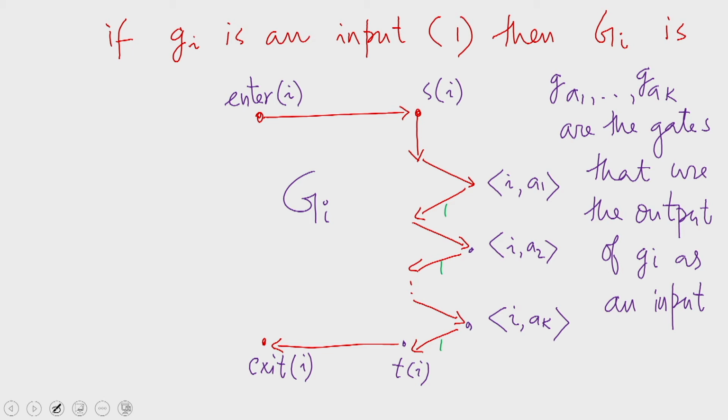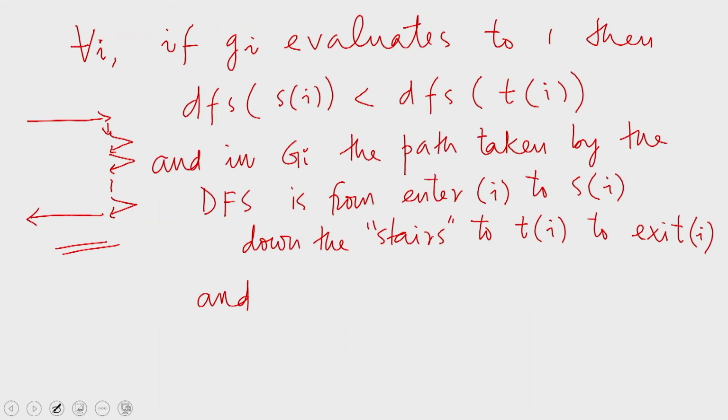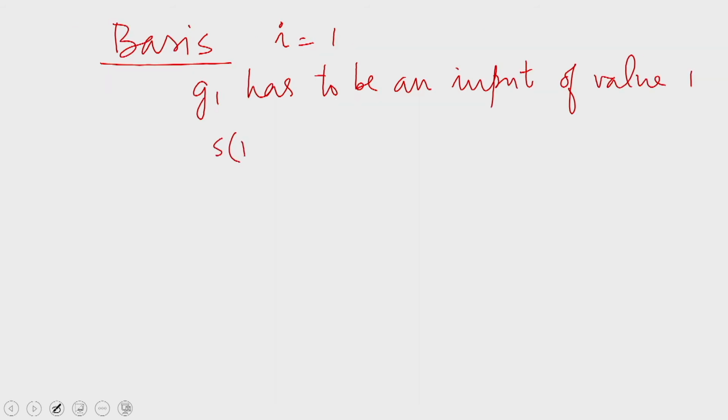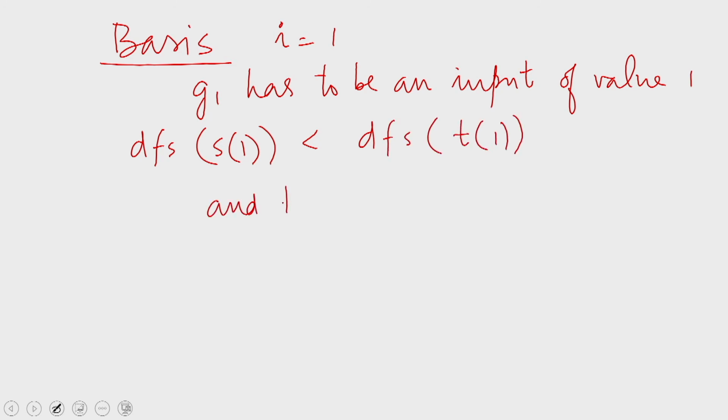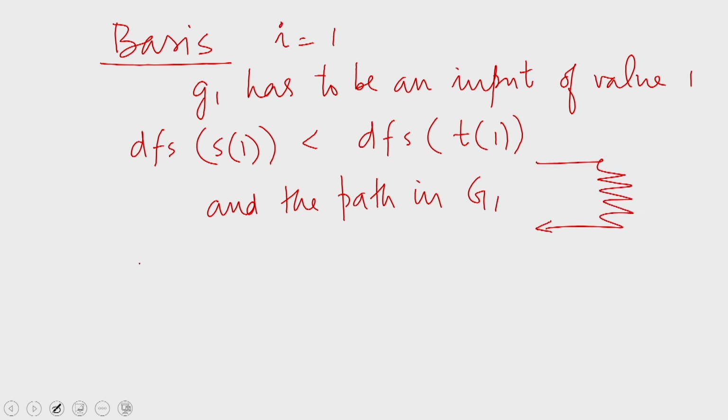So, from T of I, it will go to exit of I and then come out of G1. So, all the vertices of G1 would be visited in this manner. Therefore, the statement holds good. In other words, S of 1 is visited before T of 1, and the path in G1 is of this form. So, the statement holds good for I equal to 1.